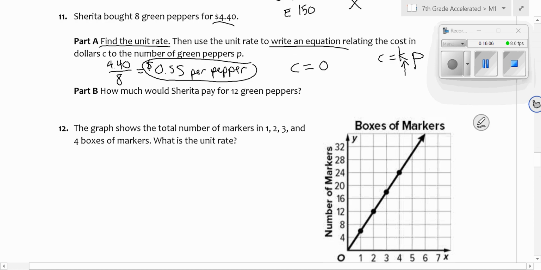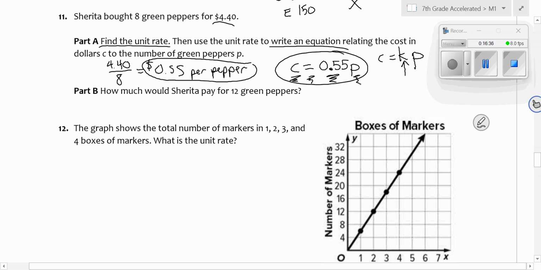Okay, so C equals 0.55 times P. That gives us our equation, and it's an equation for a proportional relationship. That's any equation in this form, quantity equals a number times another quantity.